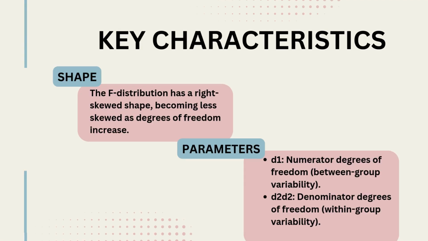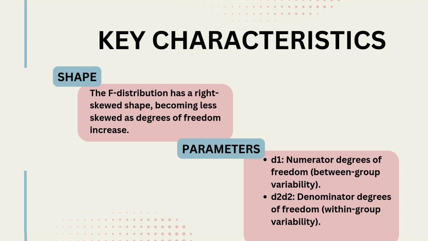Next are the key characteristics of the F distribution. The F distribution has some unique characteristics. First of all, it is right skewed, meaning that most of the values are concentrated on the left and the tail extends to the right. However, as the degrees of freedom increase, the distribution becomes less skewed and more symmetrical. It is defined by two main parameters.